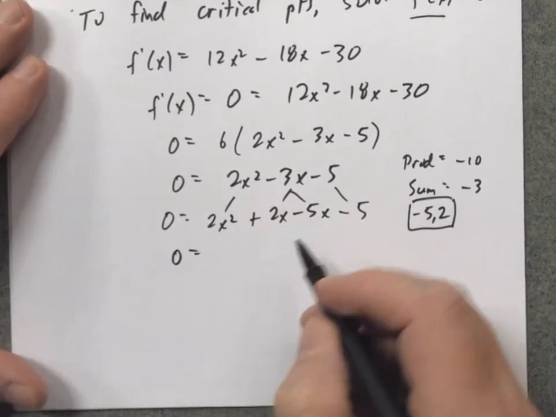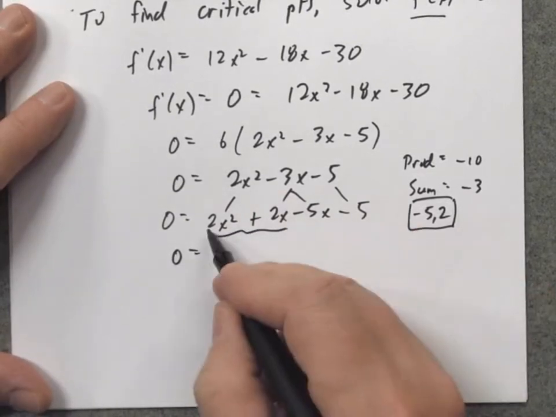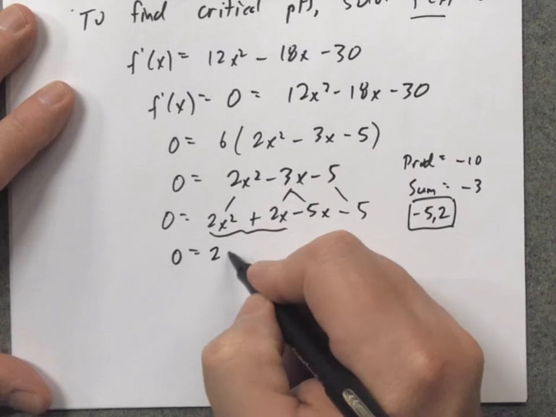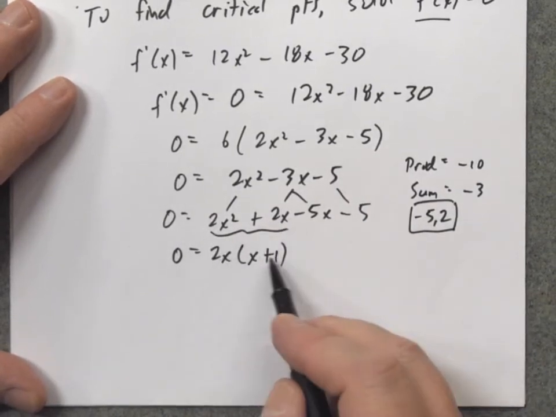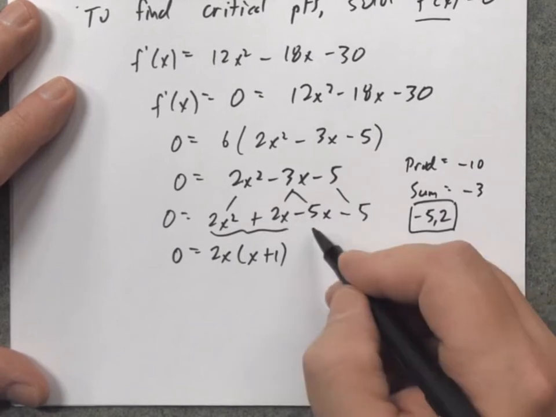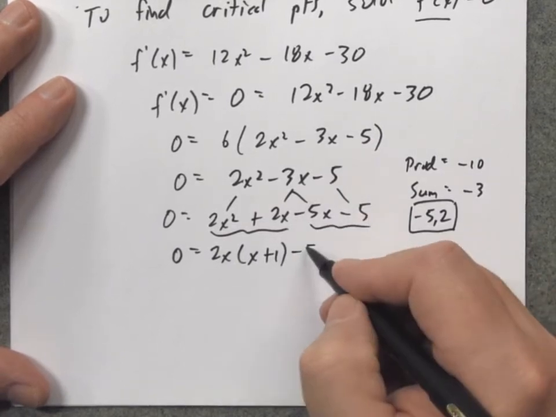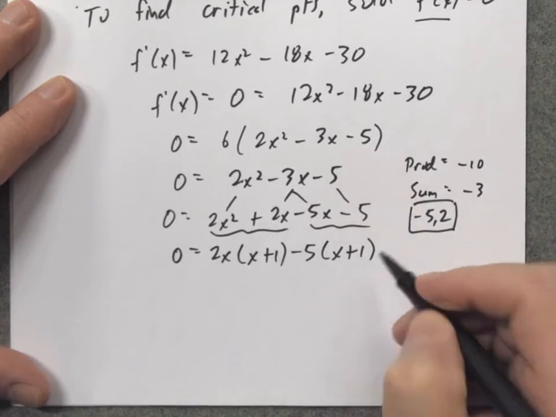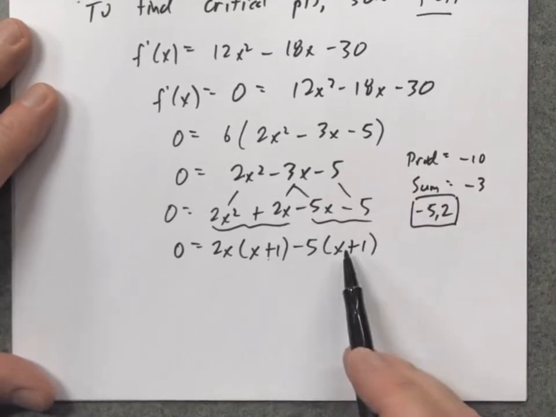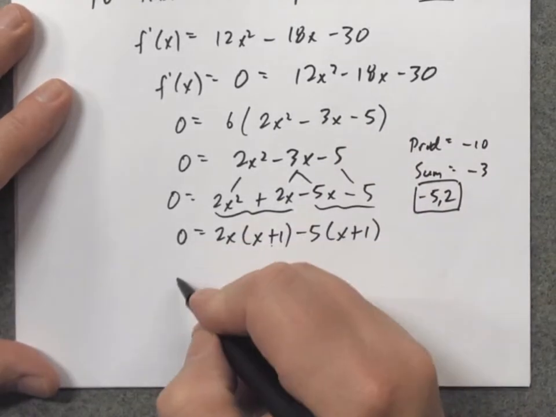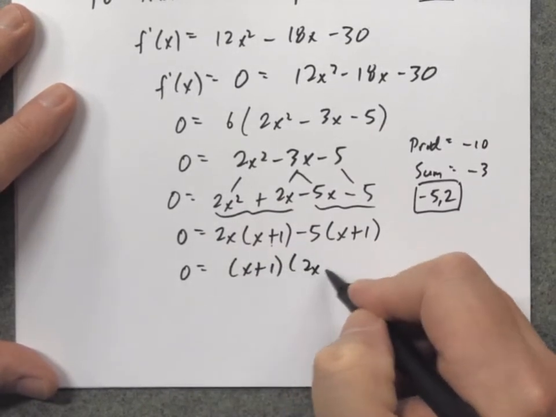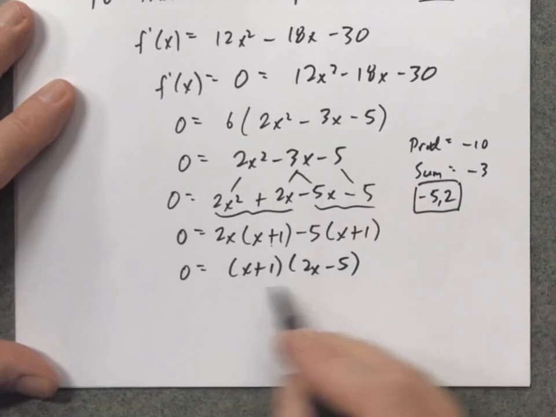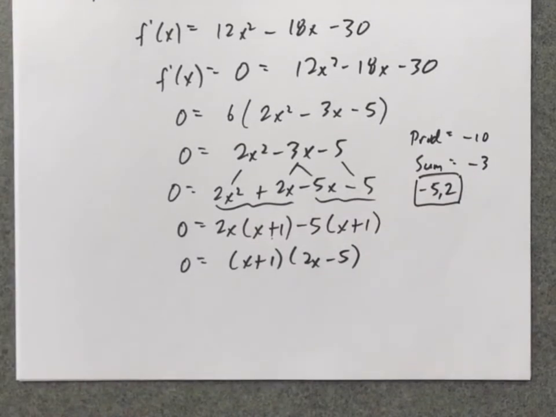And then at this point, you take these first two and you factor out the common factor. If I factor out the 2x, I have this. Then I take these two, and if I factor out a negative 5, you notice these two parentheses are identical, so we can factor out the whole parenthesis. And when you do that, we have now factored it, okay? So that should be review for you, hopefully.